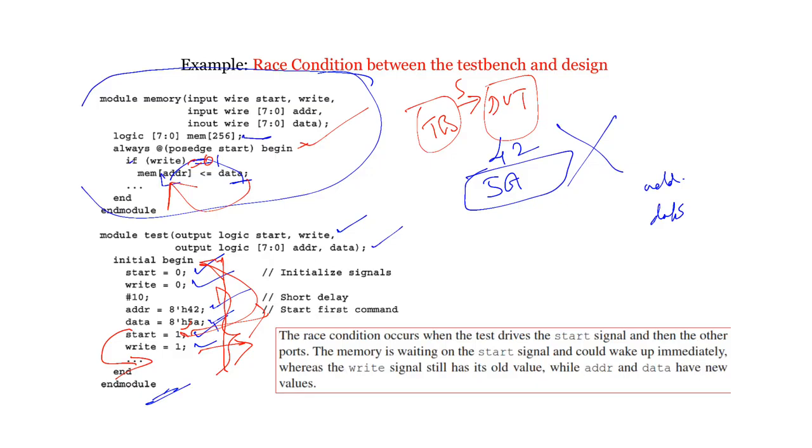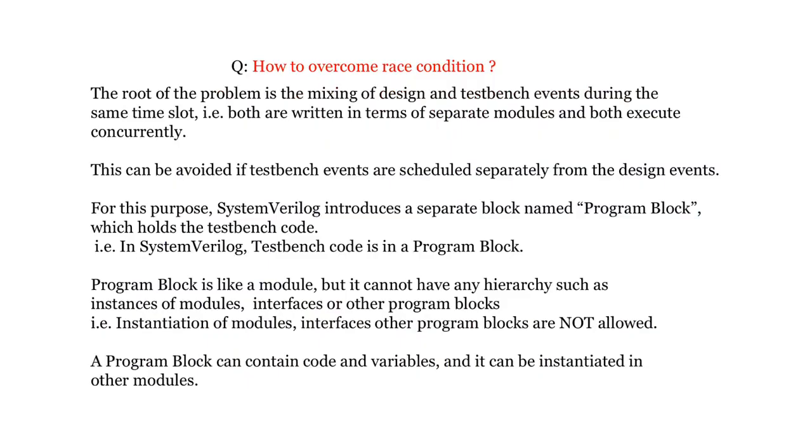Assume that there is a chance that you can make the test bench separate from the module, so that the module will be at one level of hierarchy and the test bench will be at some other level of hierarchy. So this is not also a module.